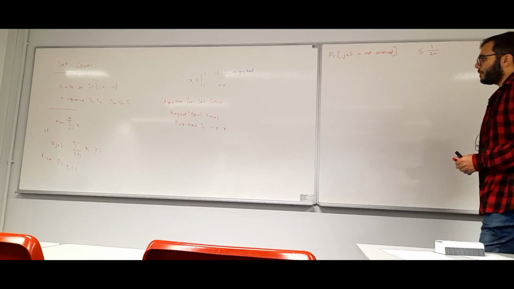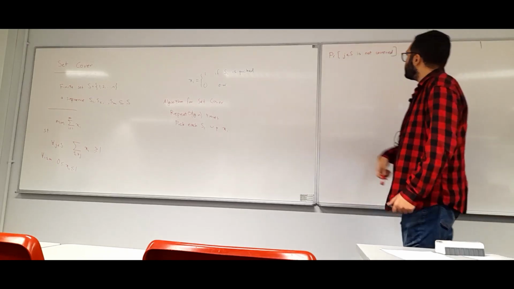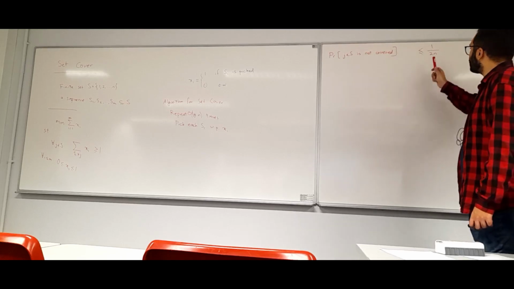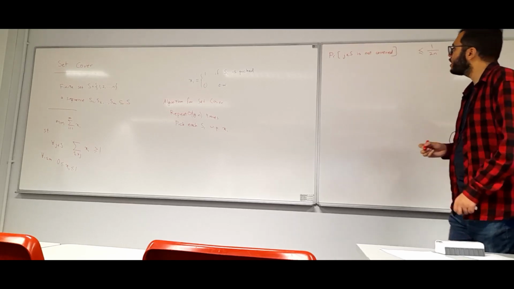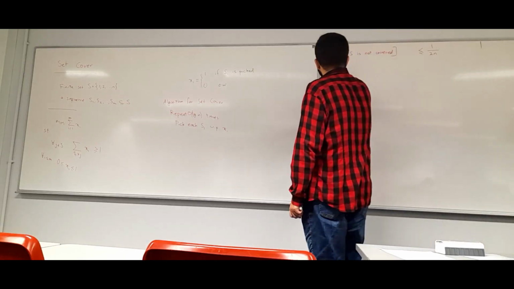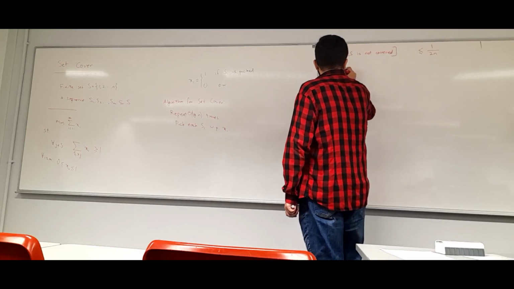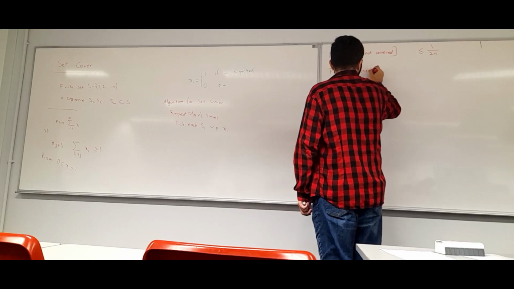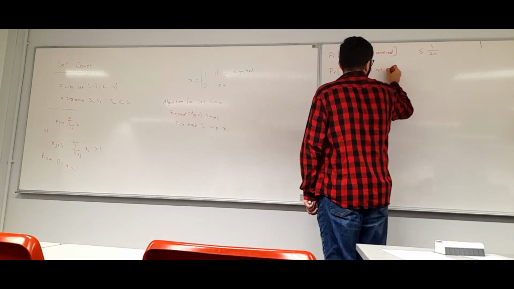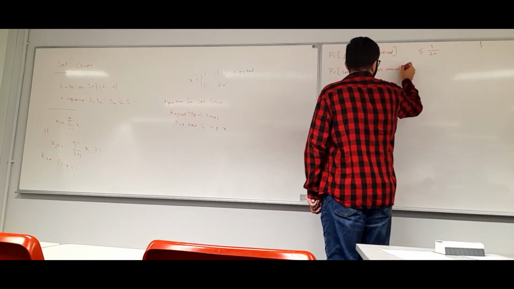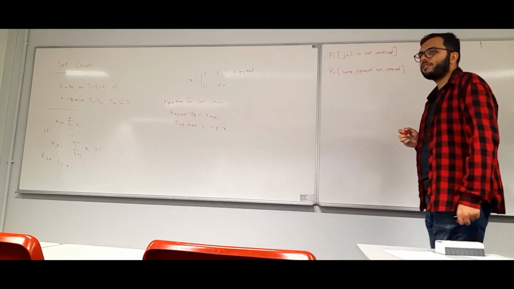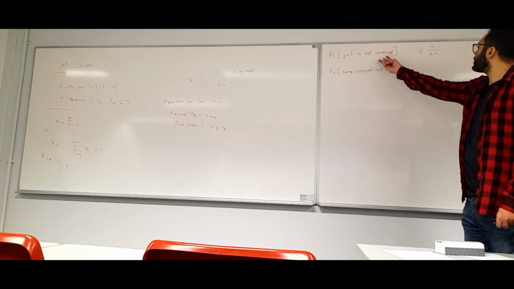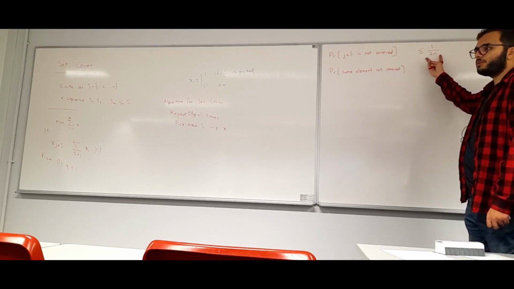Okay, but now with this edited algorithm, for every j that is in my set, the probability that j is not covered is at most 1 over 2. So what is the probability that some element is not covered? Well, I can just use union bound, right? I can say I have n elements, and each one of them is not covered with at most this probability.